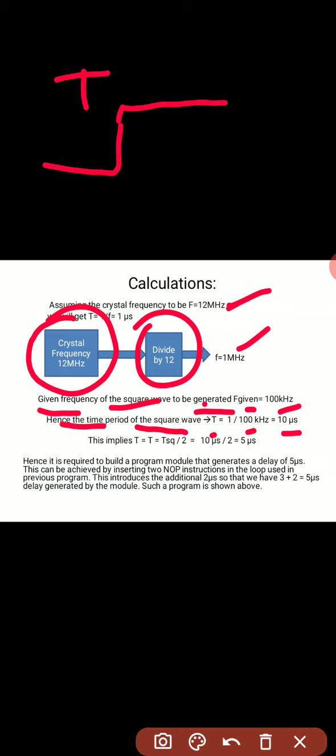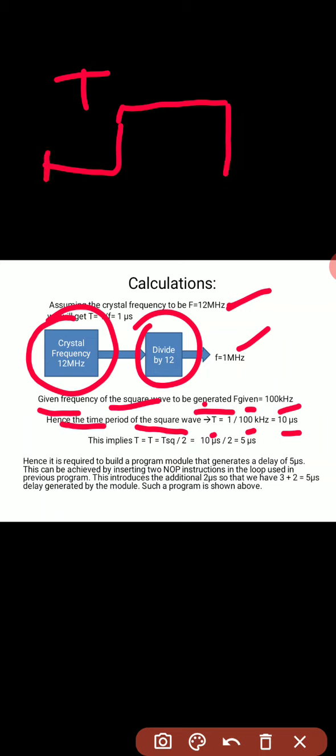The given frequency of the square wave to be generated, F given, is 100 kilohertz. Hence the time period of the square wave is 1 upon 100 kilohertz, which is equal to 10 microsecond. So this is what capital T is, the time period of one cycle, right?